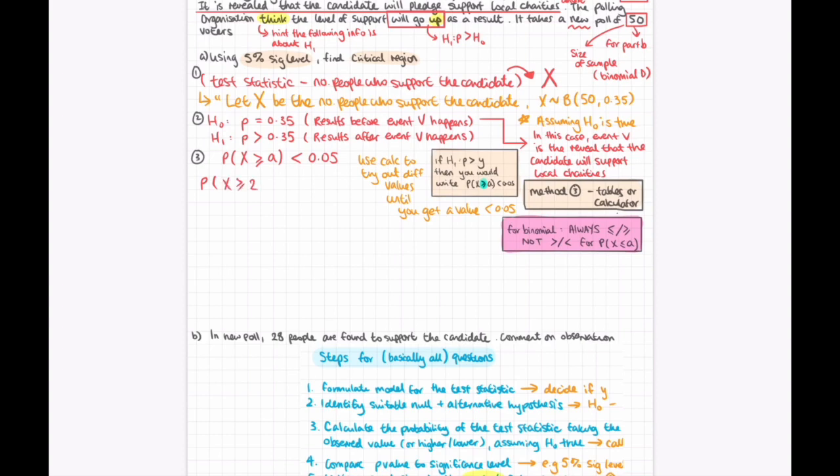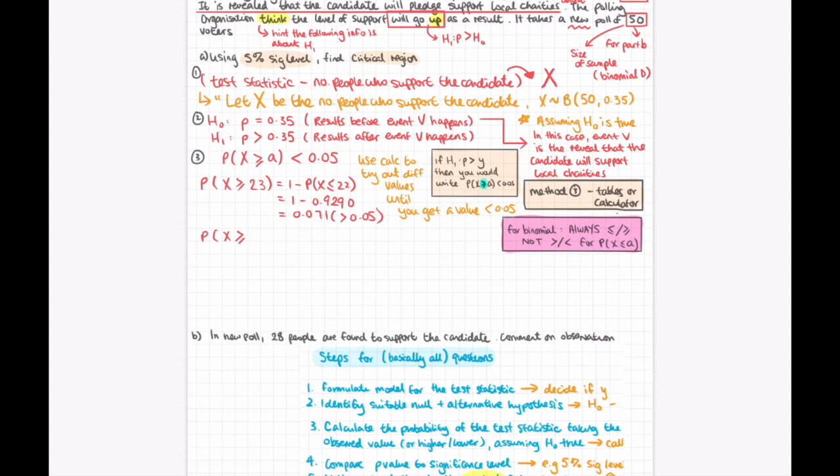So after trying out a few, you would find P(X > 23) is going to be 1 minus P(X ≤ 22), I will explain this later, which equals 1 minus 0.9290, which equals 0.071. Now this is obviously bigger than 0.05. However, it's close, so maybe you might want to try a different one.